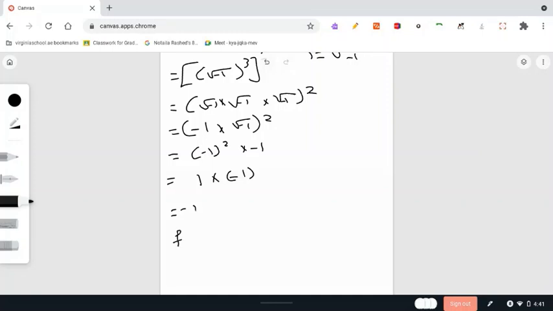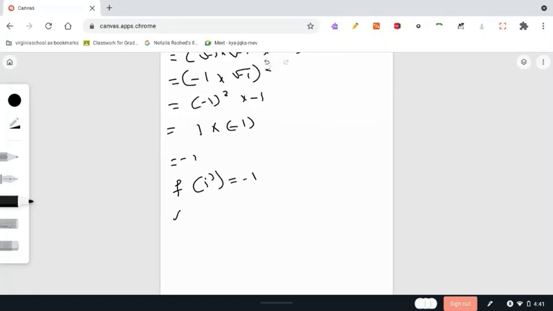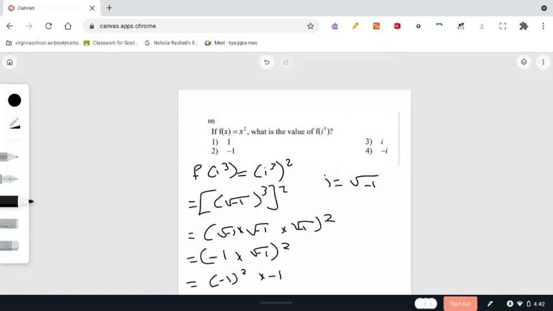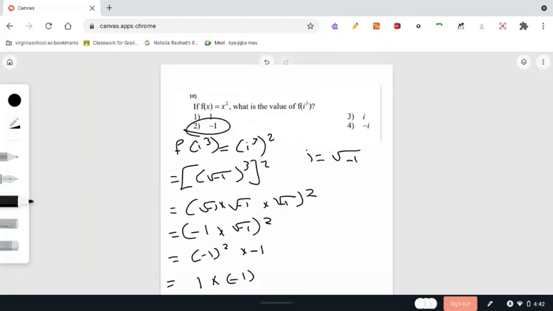So we're going to write f of i cubed equals -1. The answer is -1. This is the correct answer.